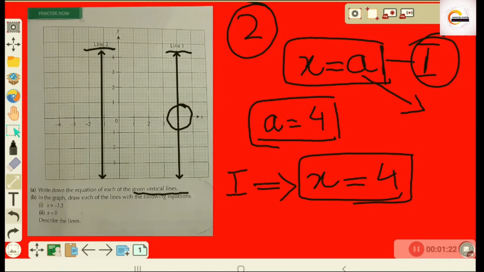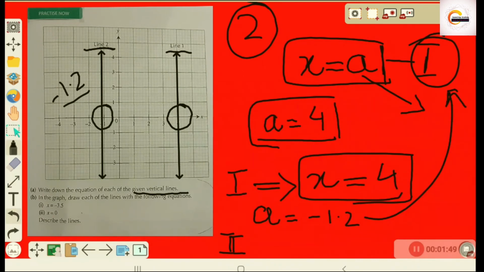For line number 2, as we can see, it intercepts the axis at this point, which is minus 1.2. So for line number 2, a equals minus 1.2, and putting this value of a in our equation 1, we will get x equals minus 1.2, our required equation.